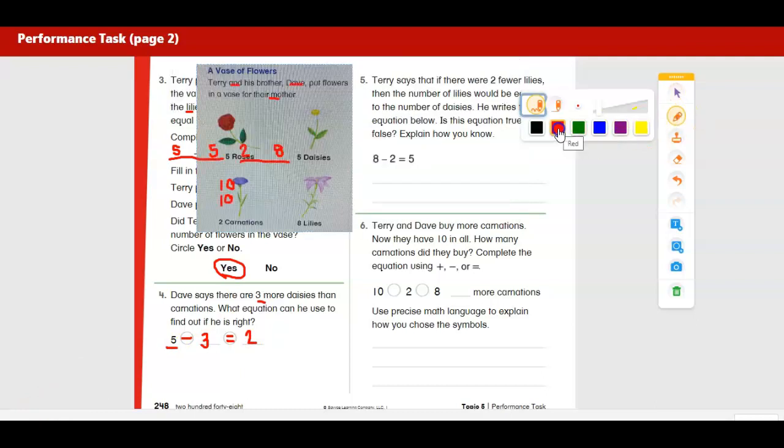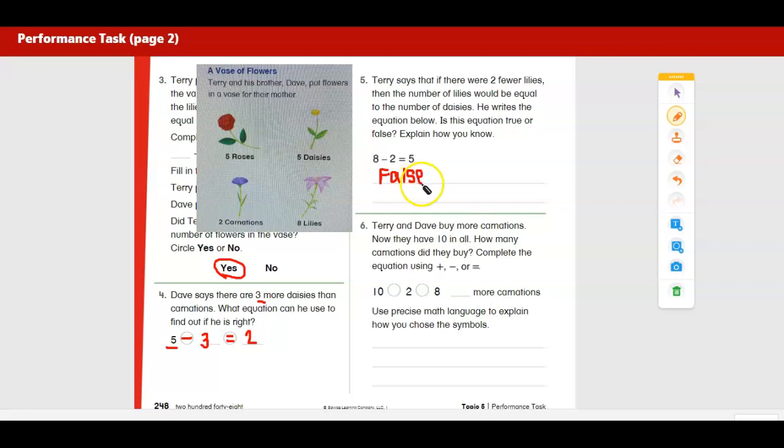For number 5, I wanted you to write if this equation 8 minus 2 equals 5 was true or false. So for number 5, this equation is false. This equation is false. 8 minus 2 does not equal 5.